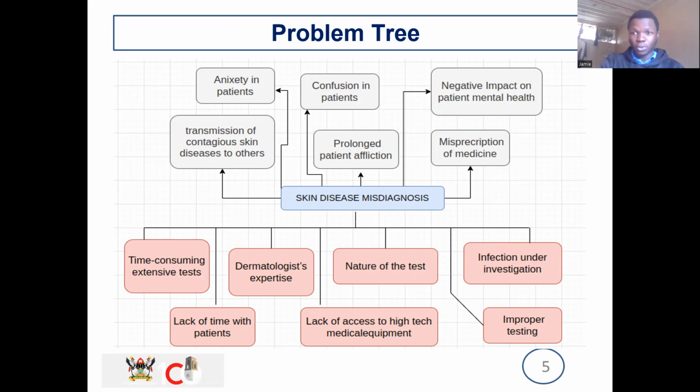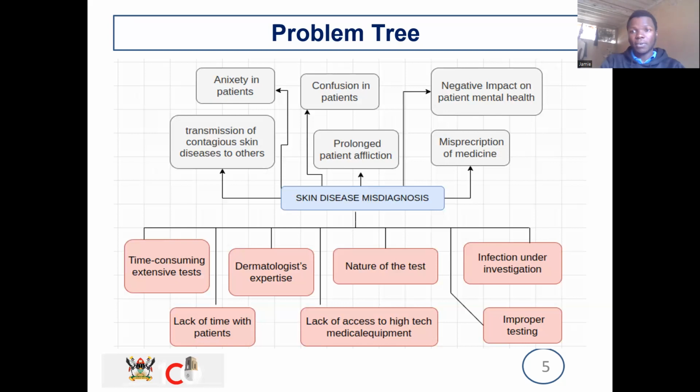Again, this is also going to take a toll on a person's health. For instance, if they get a misdiagnosis, that means they get the wrong medication, and wrong medication means more diseases, more complications, and they can also spread the disease to other people who may not have the disease.